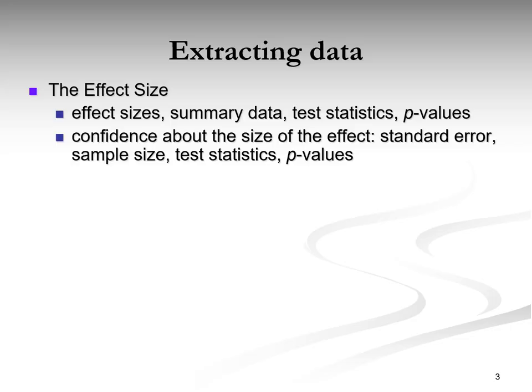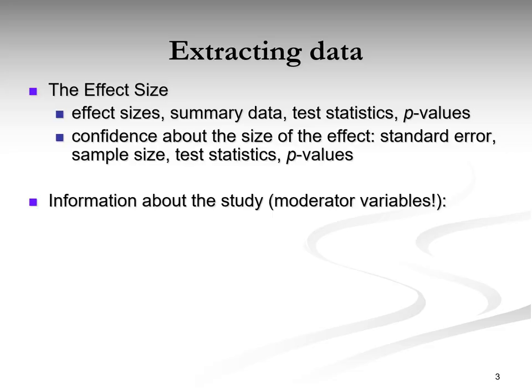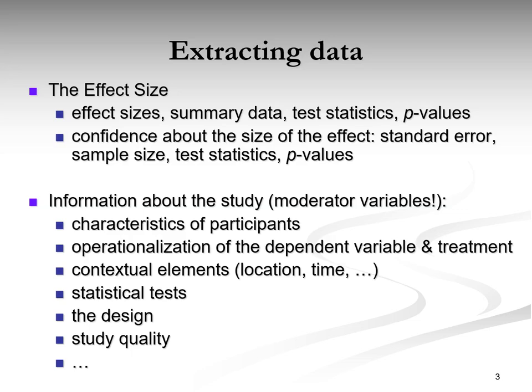Typically in a meta-analysis, we do not only estimate a mean effect size, but we are also interested in study characteristics that are related to the effect size. So it's also a good idea to extract other information about the studies, like characteristics of participants, the way the dependent variable and treatment were operationalized, some contextual elements, the tests that were used, the design that was used, the quality of the study, and so on.